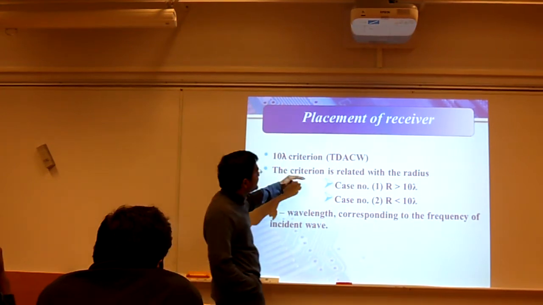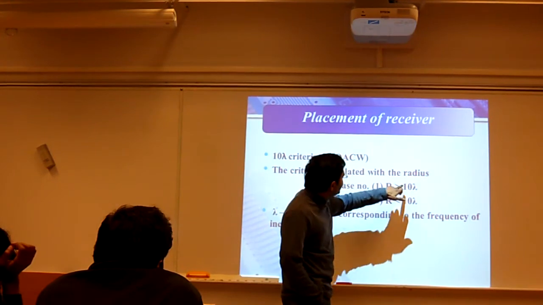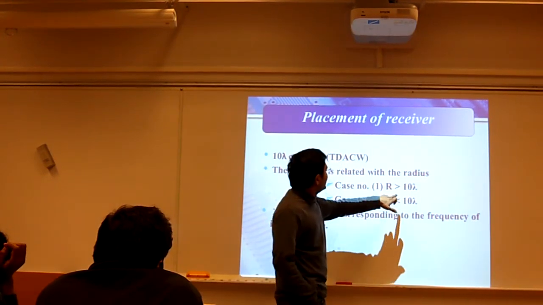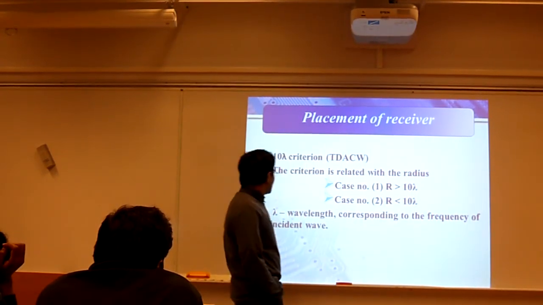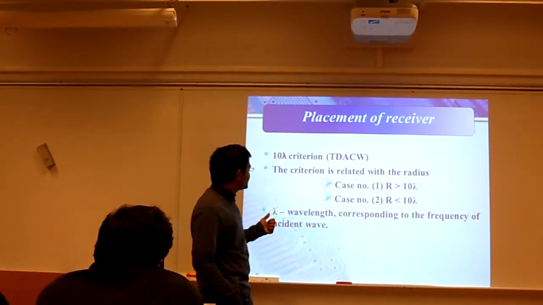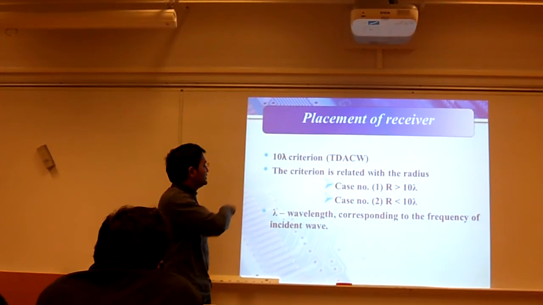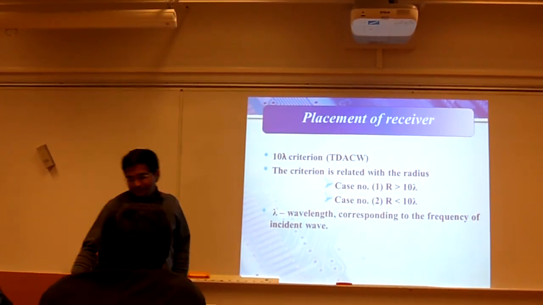So here it is directly related in different cases. One is when the radius is greater than 10 lambda, and the other is when the radius is smaller than 10 lambda. Here lambda is just the wavelength corresponding to the frequency of the incident wave. When we transmit some wave, lambda is just corresponding to that frequency.